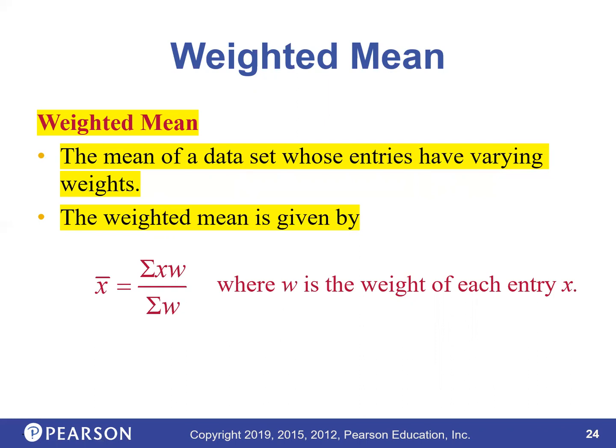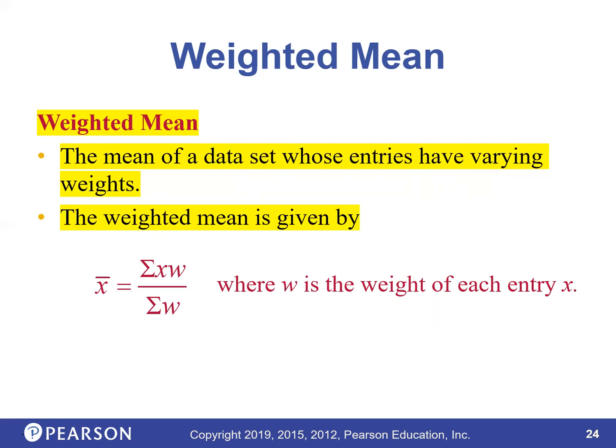Here's your weighted mean, how we do this here. And let's talk about what that even means. Notice that on each entry, it's not just adding up the x's, it's adding up the x's with the w.